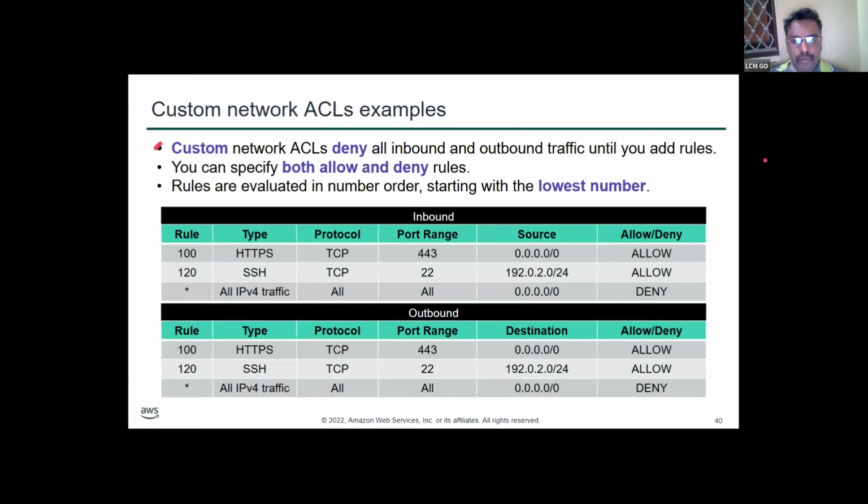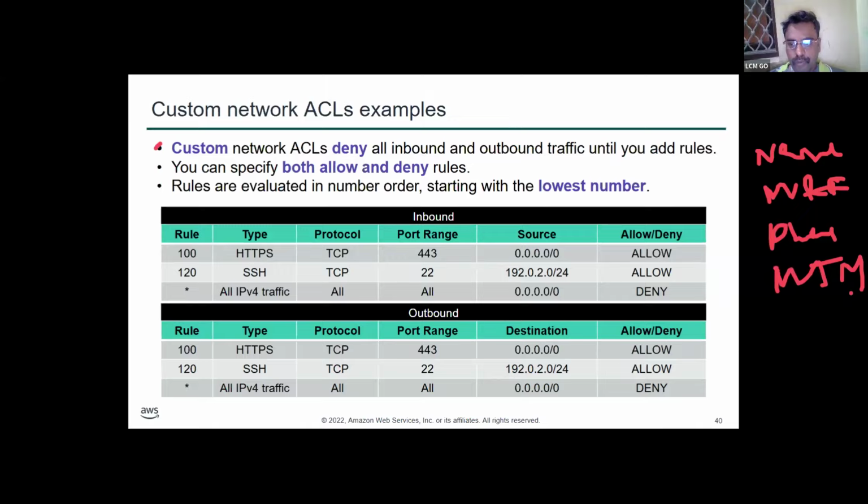What is this number order? As in the previous example, what was the order? Name. Next, purpose of visit. Where are you from? Then phone number. Then whom to meet.